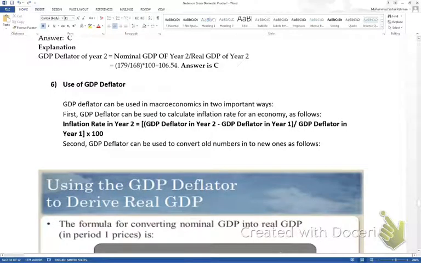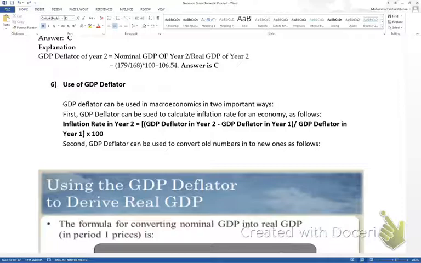So we have just shown you how to calculate nominal GDP, real GDP, and how to use the real GDP and the nominal GDP to come up with a second, very important measurement of price called the GDP deflator. Now the most important use of the GDP deflator is to get a measurement of something called the inflation rate.